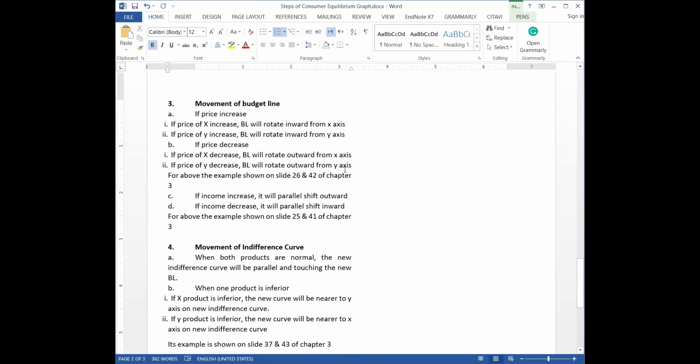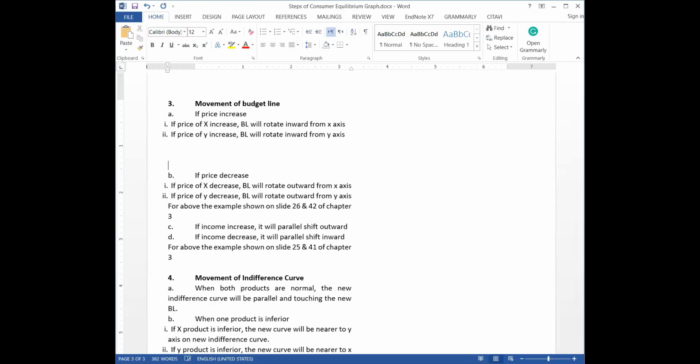From the statement, you have to look at what kind of change it is discussing. Let me clear some space.